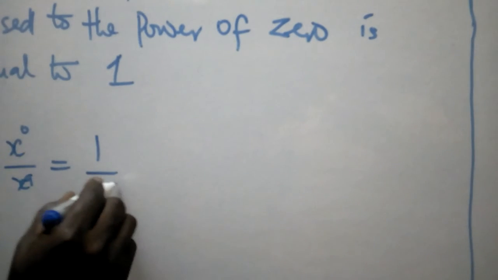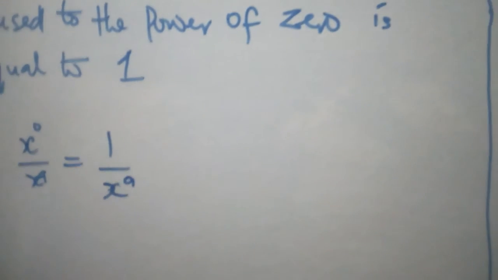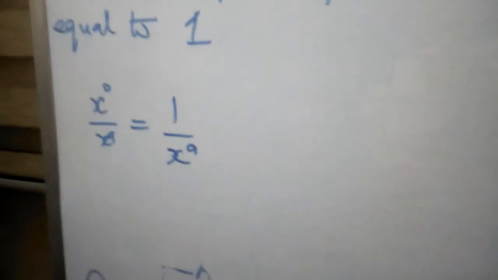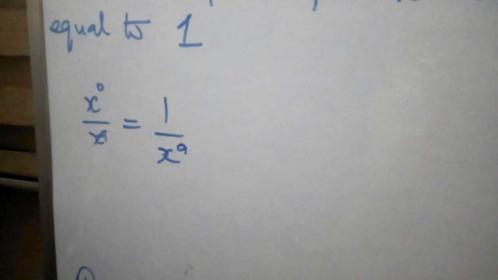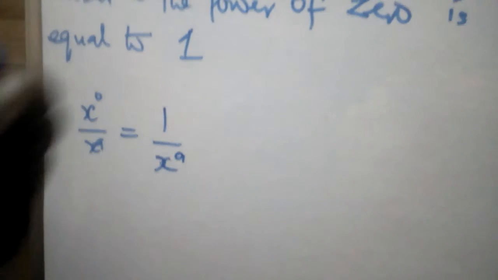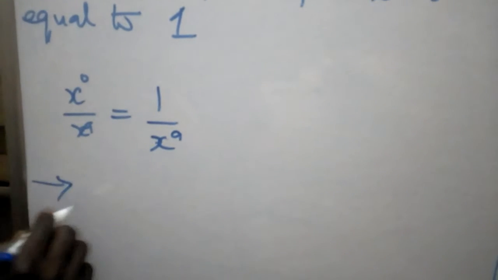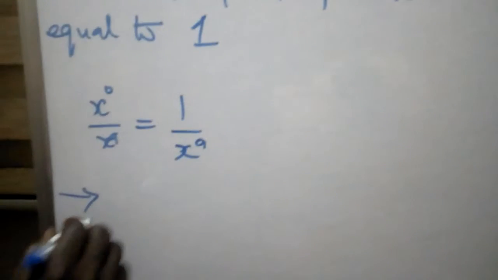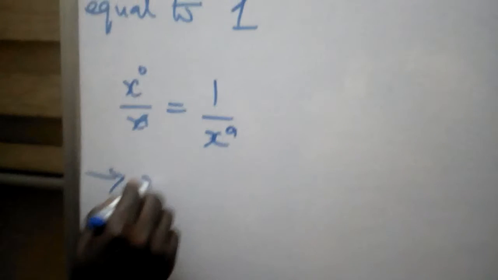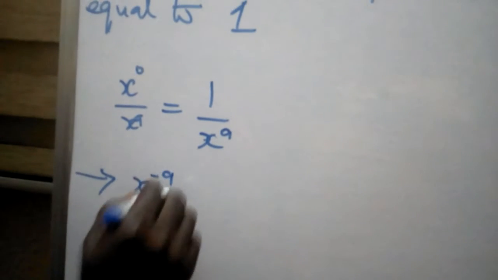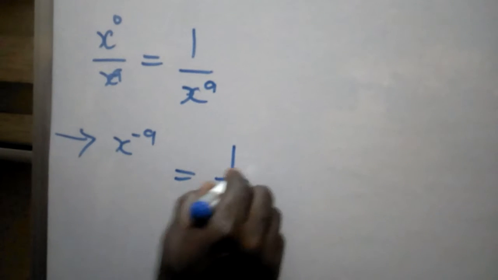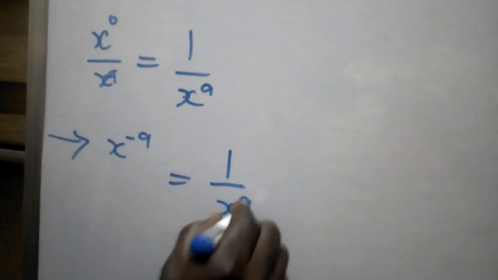So if you have an equation such as x to the power of minus a, it is the same thing as 1 all over x to the power of a.